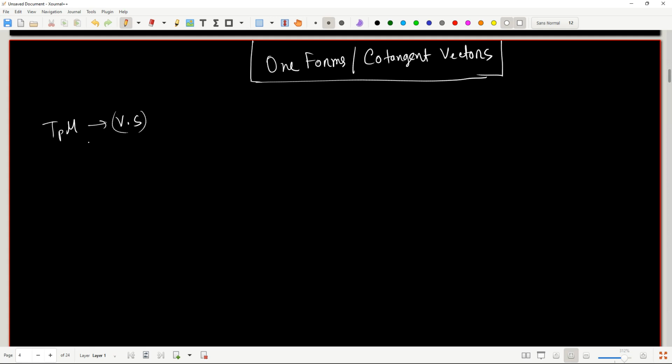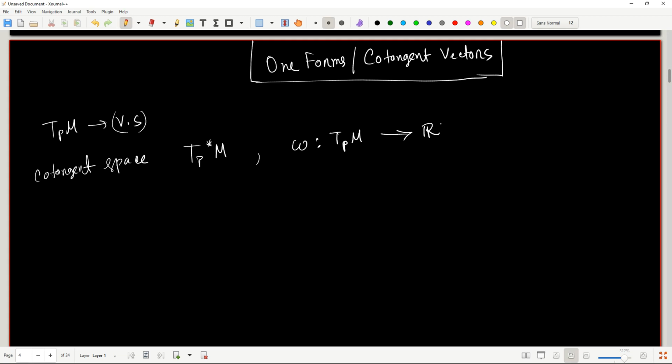So there should be a dual vector space to this, and we are calling it the cotangent space, and we denote it with T star P at point P on M. And the elements of this cotangent space are denoted by this omega. These omega elements are such that they act on the vectors and bring out a real number, or they map to R.